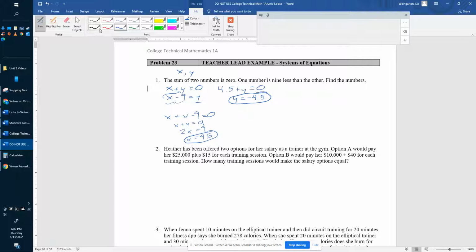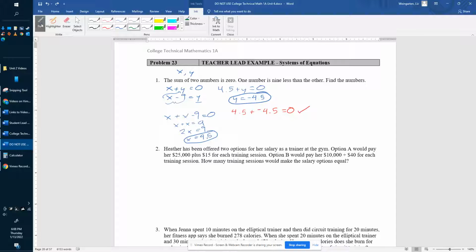Now we have to check them. So 4.5 plus a negative 4.5 equals 0. Yes, it does. X, which is 4.5, minus 9 equals negative 4.5.